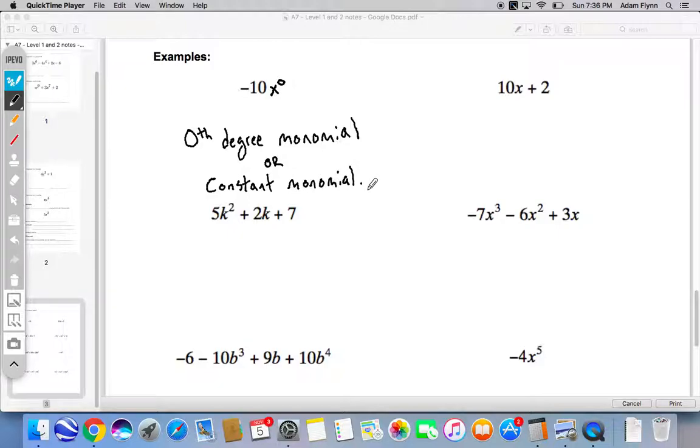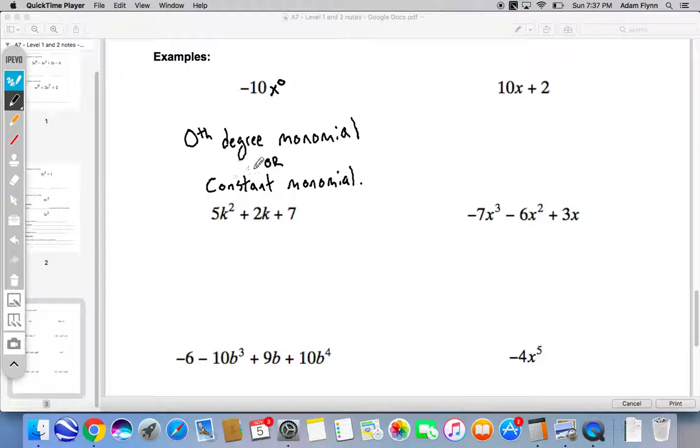So if you put 0th degree monomial, monomial to the 0th degree, 0th degree polynomial with one term, constant monomial with one term, there's many answers that would be accepted here. So don't get confused by any one way. As long as you're describing it right, you will receive full credit and people would know what you were talking about.